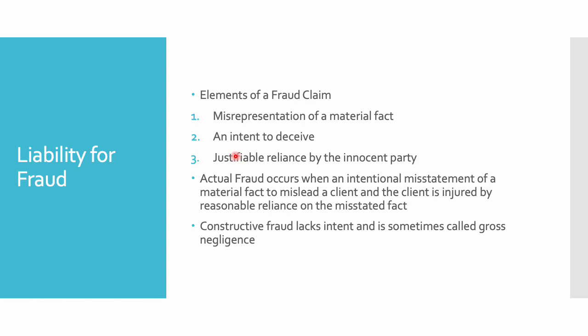Well, I'm not going to be able to sue for fraud because looking at the car you can tell it's been through more than 15,000 miles, right? A reasonable person wouldn't have relied on that because it's common sense that this isn't a 15,000 mile car. So that's an example of where perhaps the first two elements are present, but the third would be lacking. In that case, you wouldn't have a case for fraud. All right.